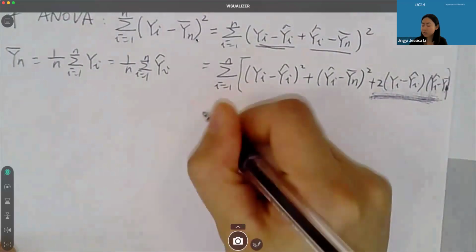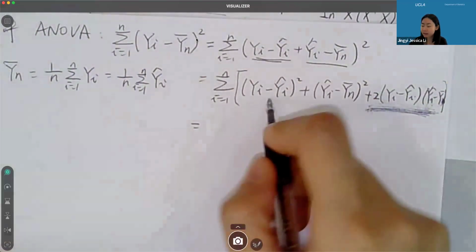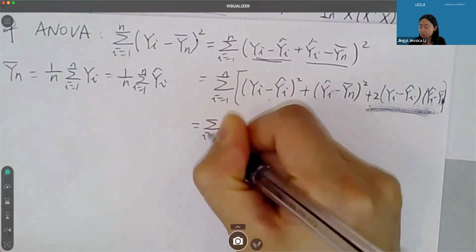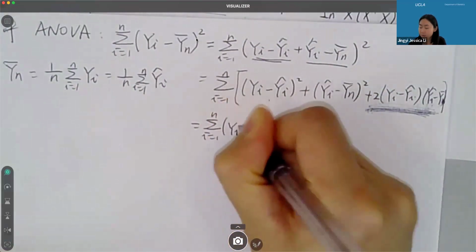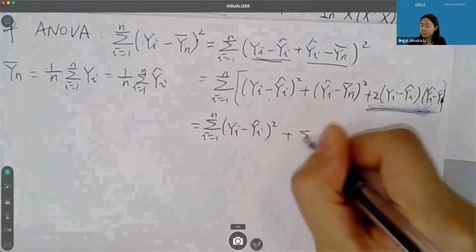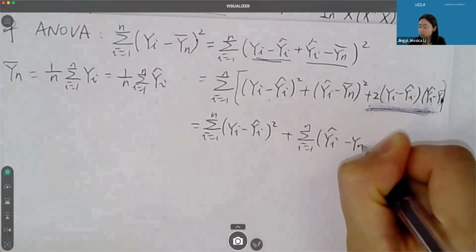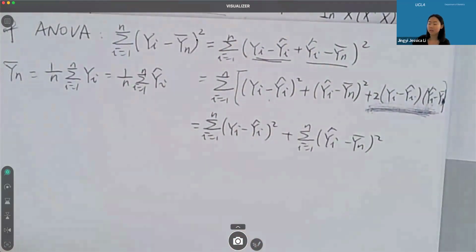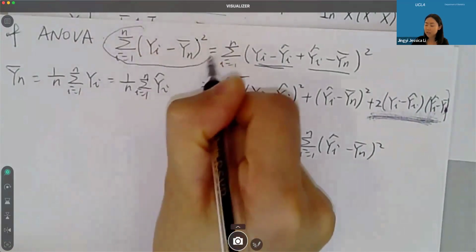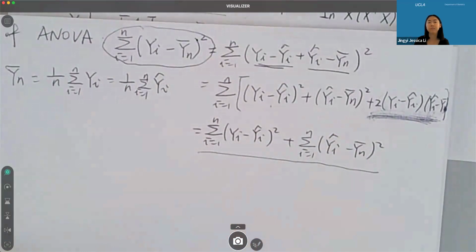But with that being 0, we can open it as the summation of yi minus yi hat squared plus the summation of yi hat minus y bar squared. Okay, so this is the key thing. This term is decomposed into these two terms.